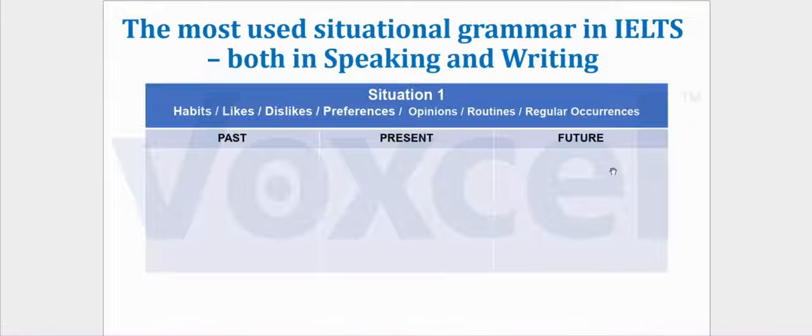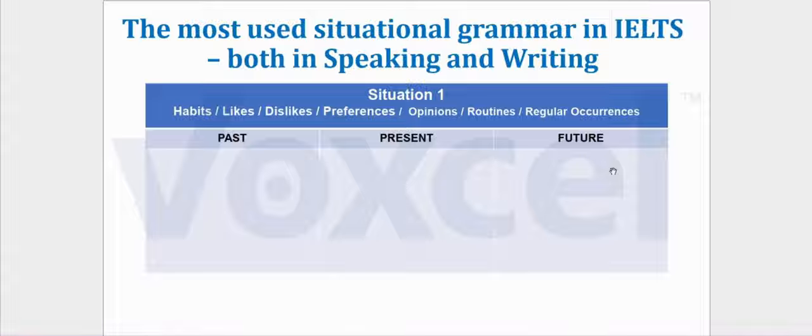It doesn't matter whether you want to talk about your past, your present, or your future. If you want to talk about your habits, likes, dislikes, preferences, opinions, routine, or something that is occurring regularly, even once a year, it's a regular occurrence, you will use situation number 1.